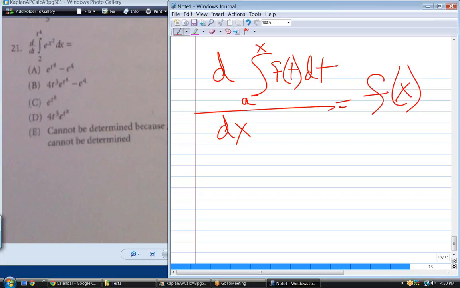As you would expect, if you take the derivative of an integral, you should get the function, right? Because the integral goes one way, the derivative goes the other way, the derivative of an integral should be the function. And you do.